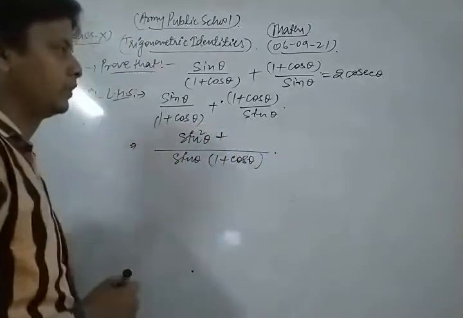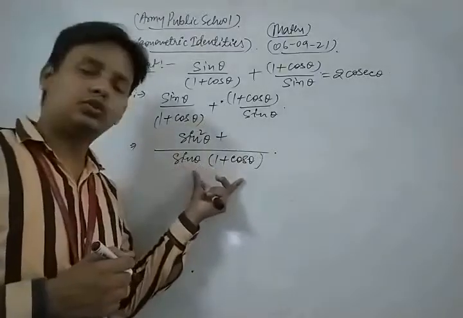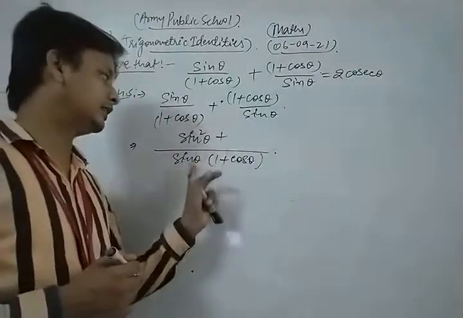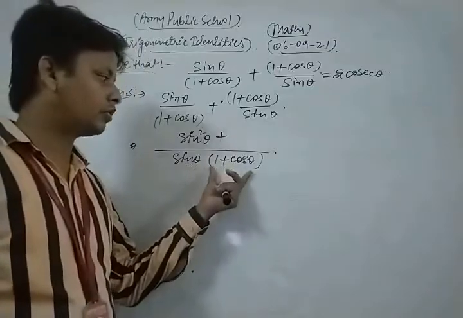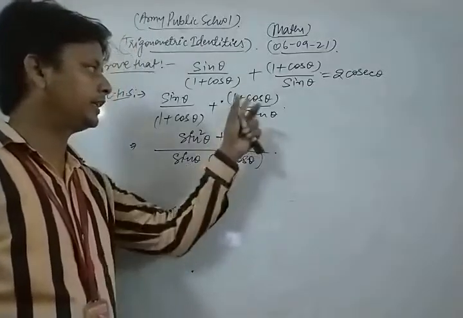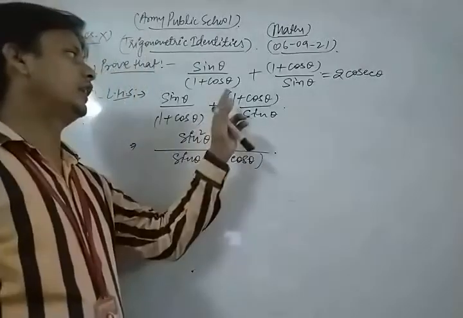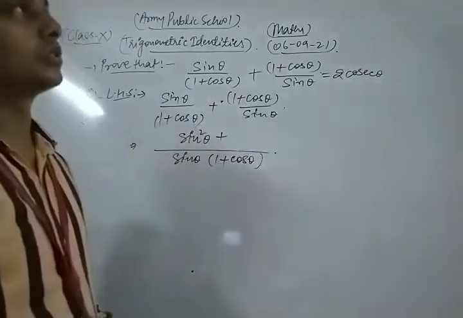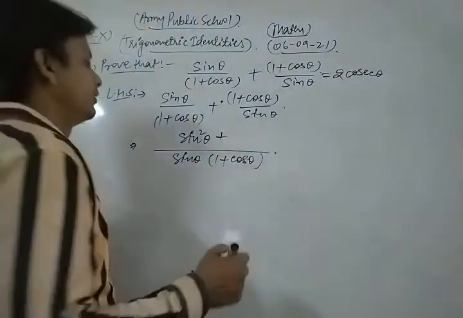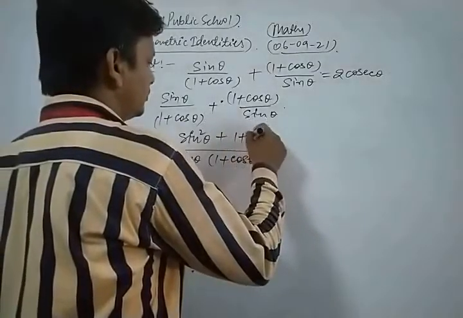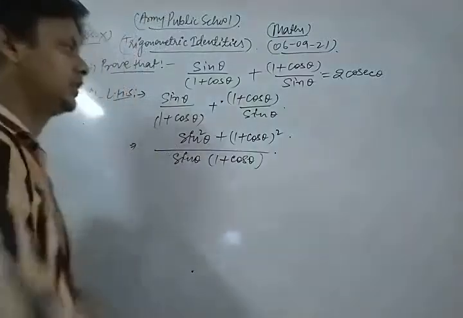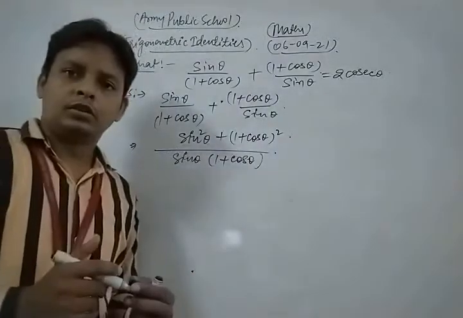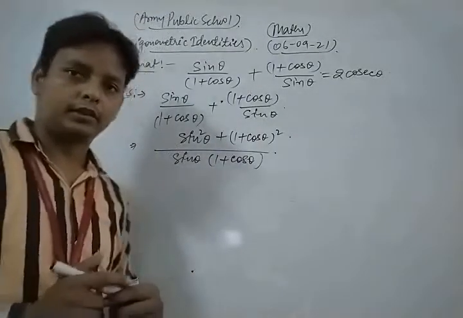Plus, if we divide sine theta into 1 plus cos theta by sine theta, then sine theta cancels, and we have 1 plus cos theta, and 1 plus cos theta multiplies with the numerator, which is also 1 plus cos theta. So here we get 1 plus cos theta whole square.